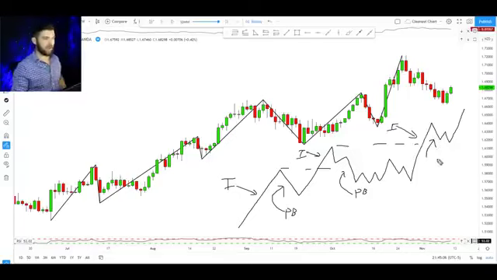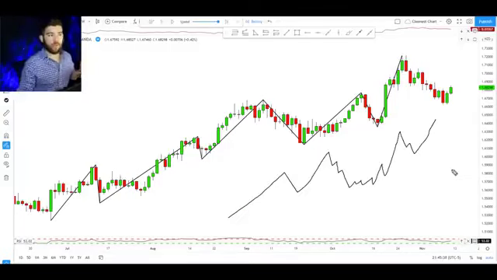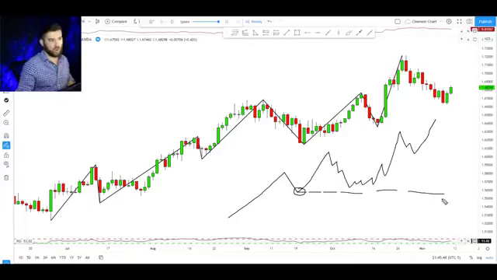again, pullback right here. So the objective way that we're going to be identifying trend is the lowest low of the pullback cannot be broken for us to stay in an uptrend. So once we have this move that breaks and closes above our previous high, we call that our what? Impulsive move.